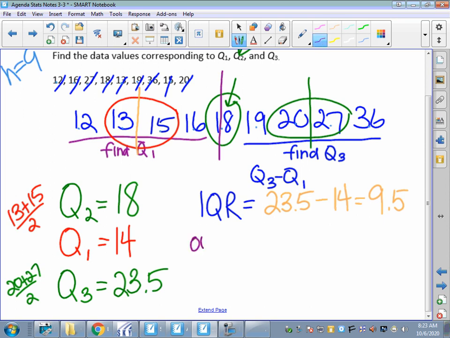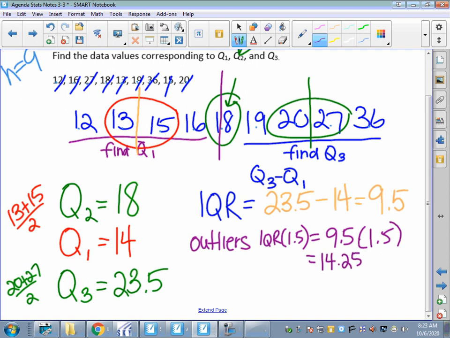Now I'm going to start looking for outliers. So for outliers, I take my IQR times 1.5. So that would be 9.5 times 1.5. If my calculations are correct, that's 14.25.